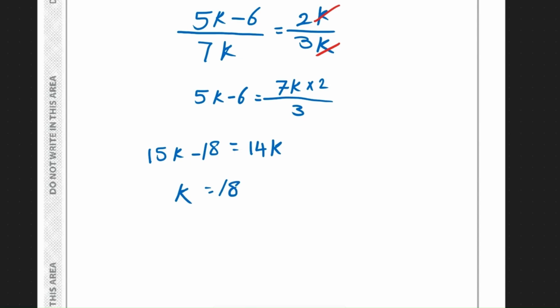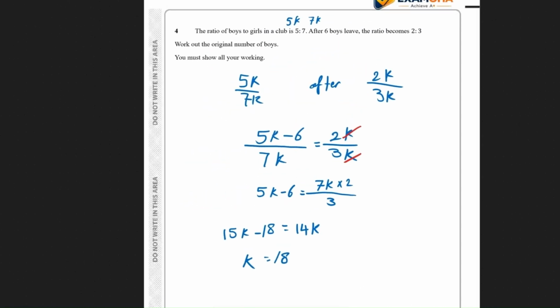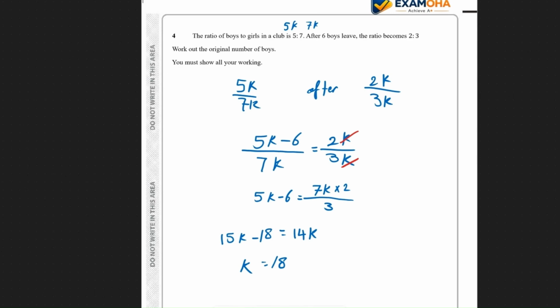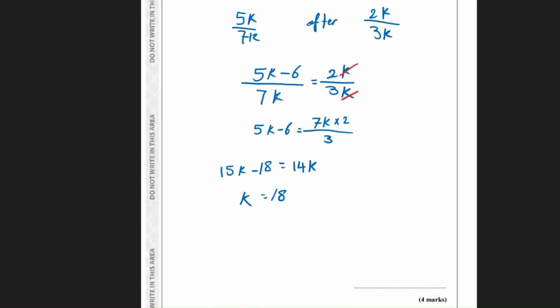What does the question ask here? So now we use the information. Work out the original number of boys. We know that the ratio of boys to girls was 5k to 7k. And we got the value of k now, which is 18. That means we need to multiply 5 by 18 to get the number of students.